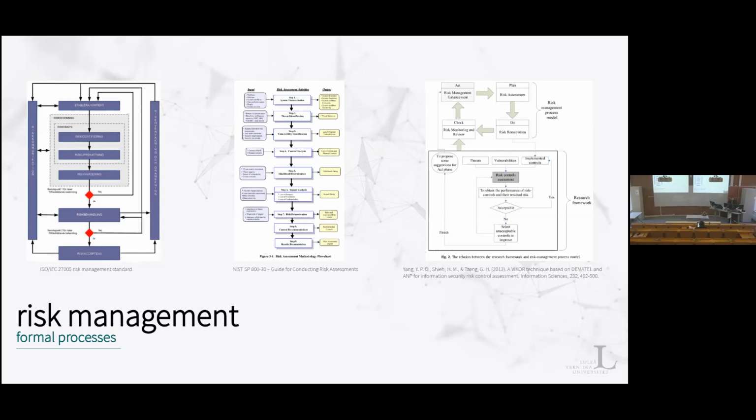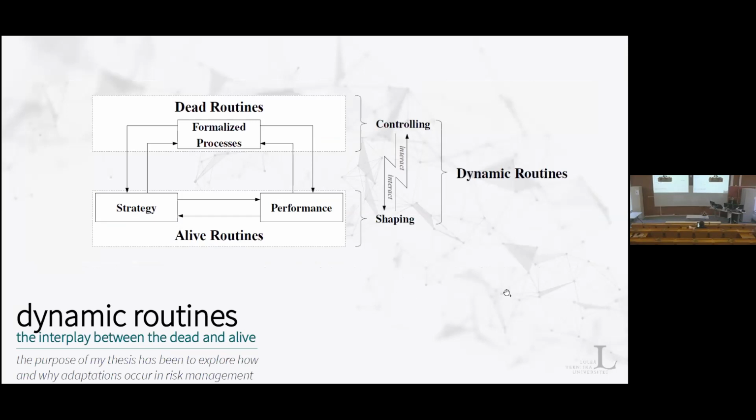So in this thesis, what I have been focusing on is the work routines for performing these formalized risk management processes and looking at how and why adaptations occur to them. So I've chosen to do this by looking at routines from this explanation model here, which I will go through a little bit, which is separated into something I call dead and alive routines.